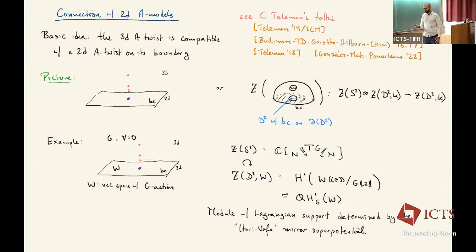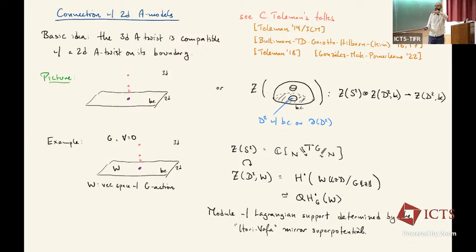And then what this construction spits out is an action of the bulk Coulomb branch for pure gauge theory on the quantization of a space of maps from a disk to the target with appropriate boundary conditions.